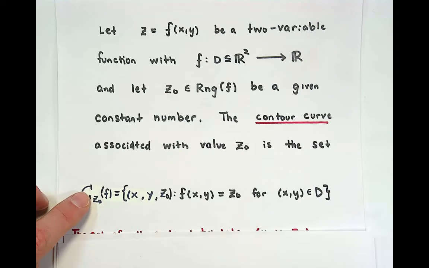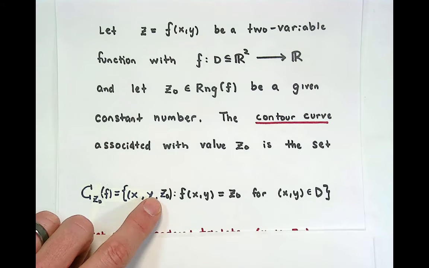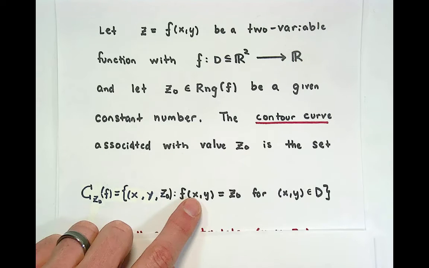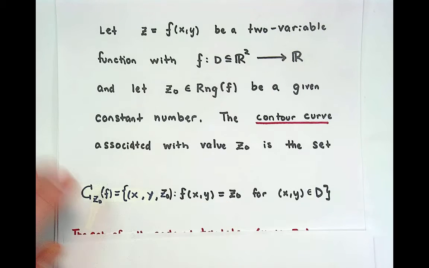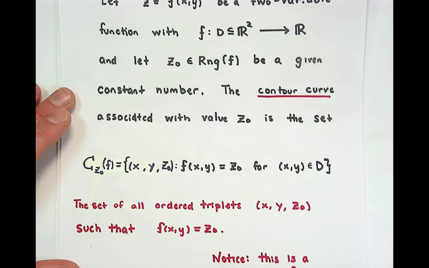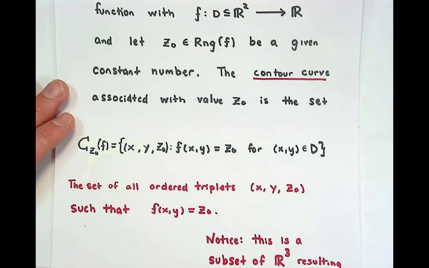The contour curve associated with z0 of f is the set of ordered triplets x, y, z, such that f evaluated at input x, y is actually equal to z0. So here is the same thing in words. The set of ordered triplets x, y, z0 such that f evaluated at x, y is z0.